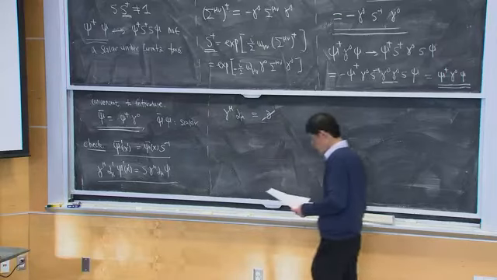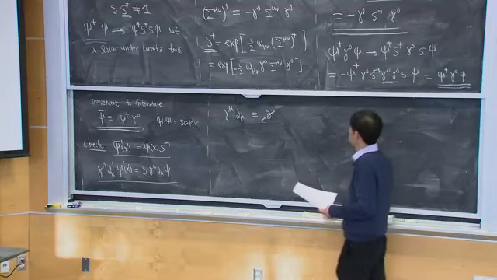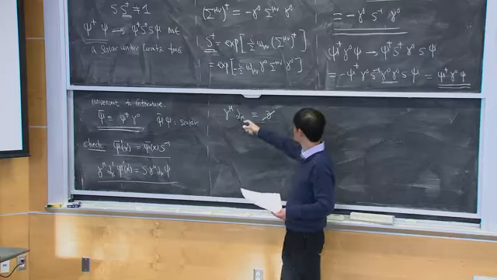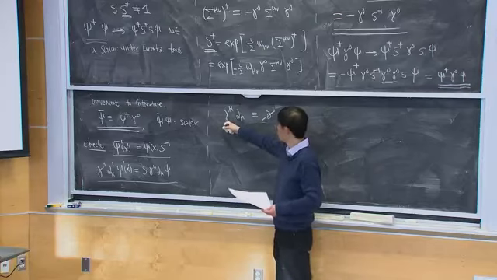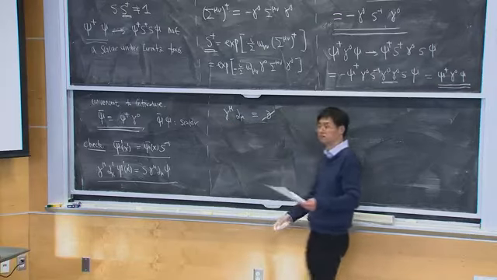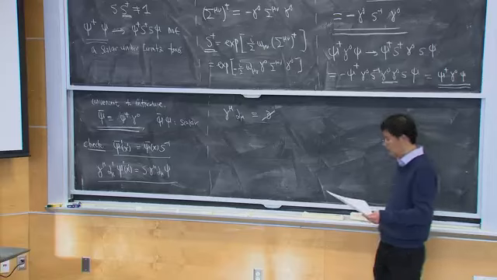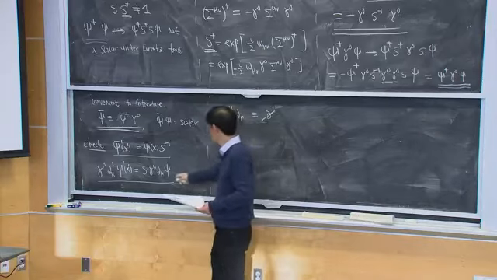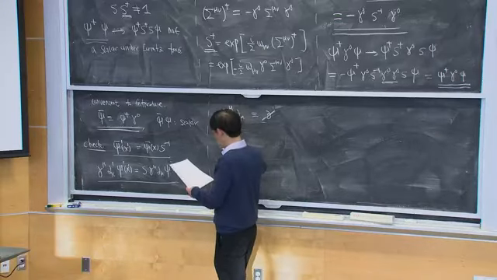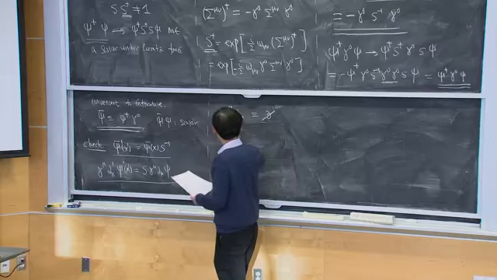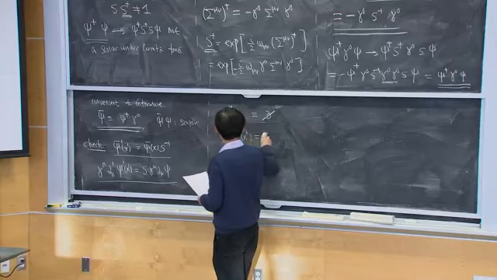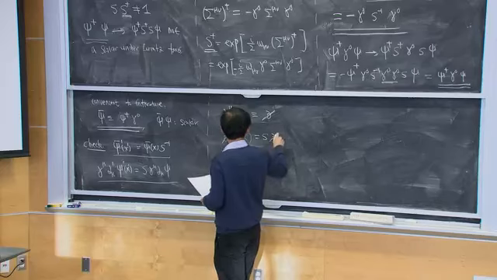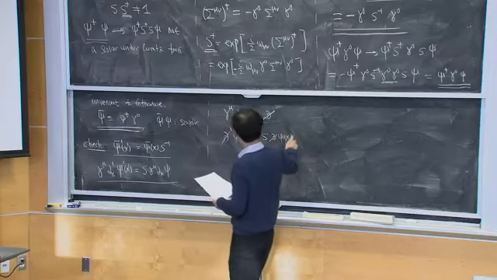Essentially, anything slash corresponds to that thing contracted with gamma mu. And then this equation can be written as partial prime slash psi prime x prime equal to S partial slash psi x.